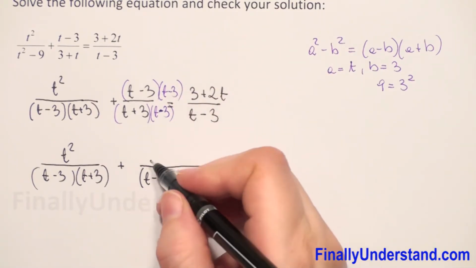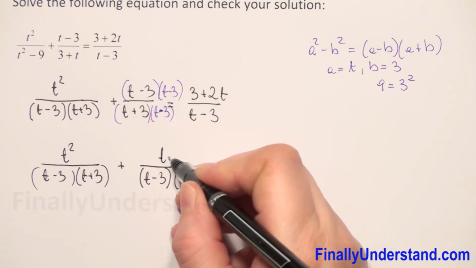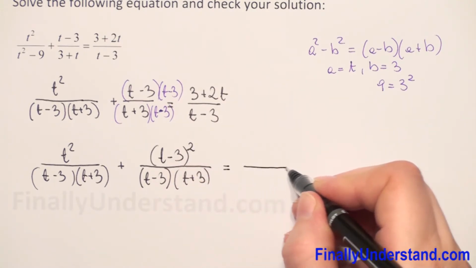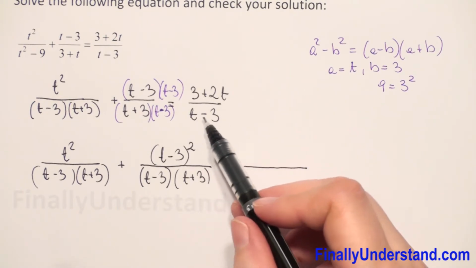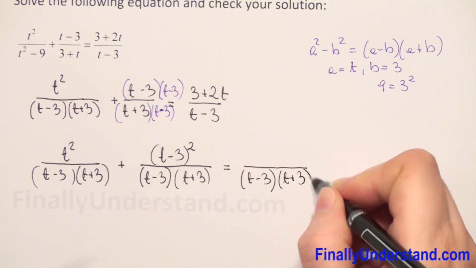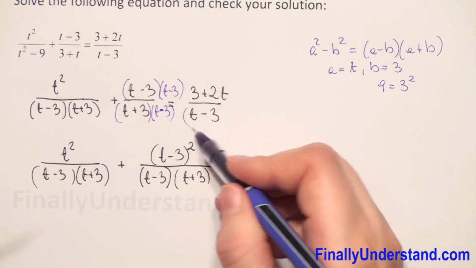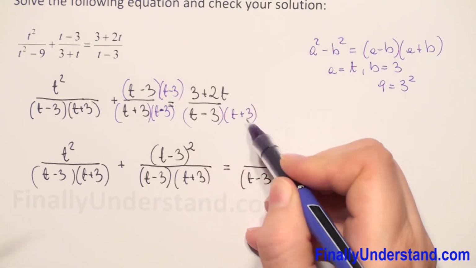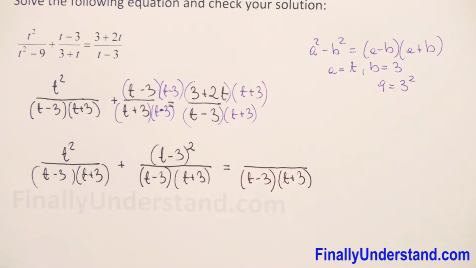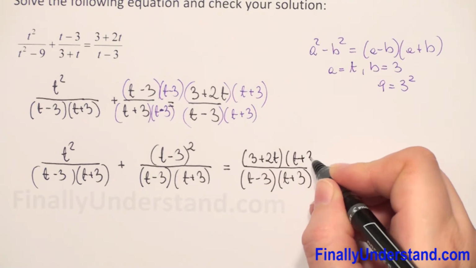So now we will have t minus 3 times t minus 3, which is t minus 3 to the second power. This is equal to the same denominator, t minus 3 times t plus 3, and because in the third denominator we have only t minus 3, we multiply by t plus 3. Whatever I did with the denominator, I have to do the same with the numerator. So we copy 3 plus 2t times t plus 3.